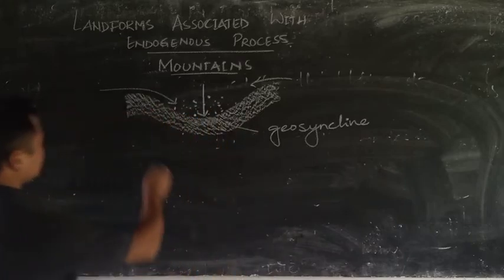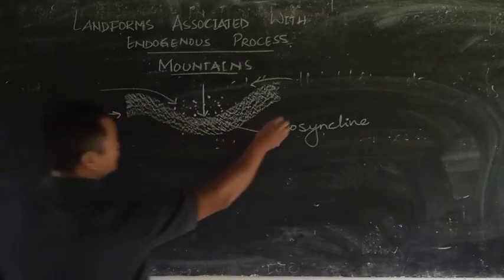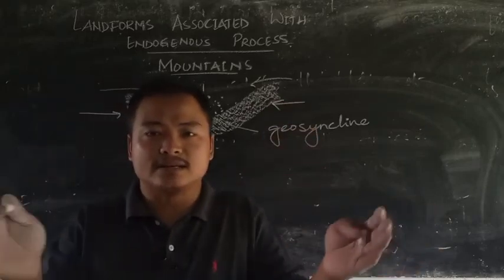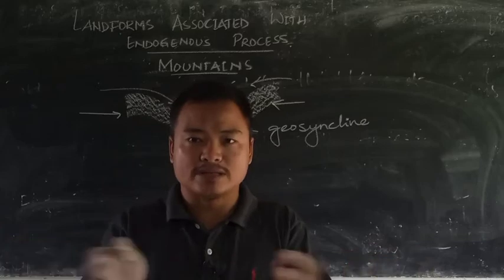Now these two elevated land surfaces, due to the movement of the Earth's crust, were compressed towards each other.